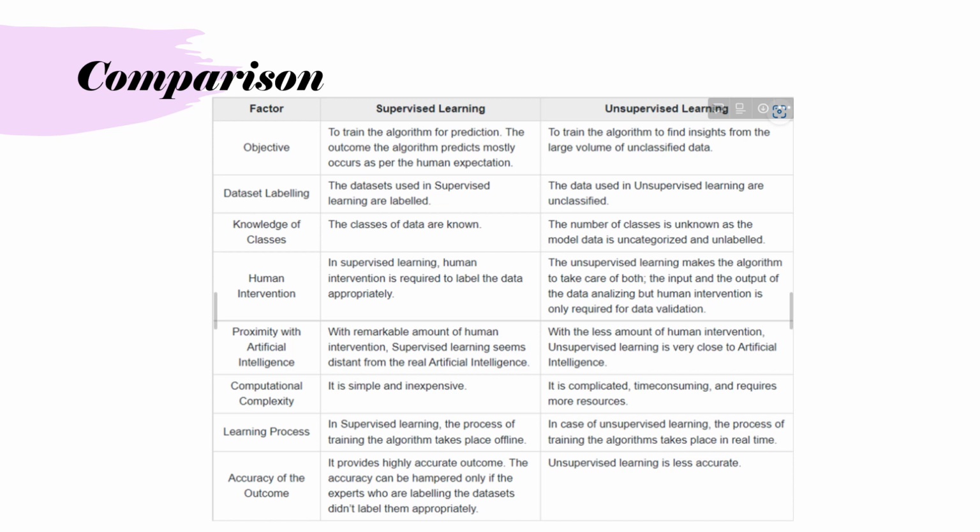Supervised learning is simple and inexpensive, whereas unsupervised learning is more complicated and expensive. The learning process in supervised learning usually takes place offline, but unsupervised learning takes place in real time. Accuracy is lower in unsupervised learning because we don't know the labels.